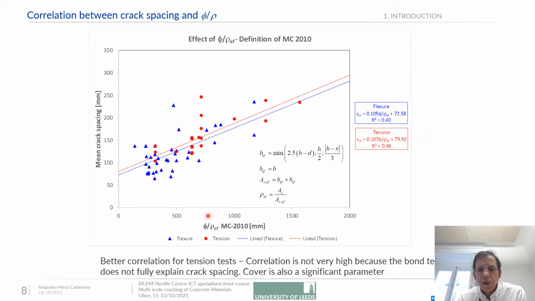There is also the effect of cover. And you can also see that if we separate the bending test from the tension test, as is done here, the coefficient of determination for flexure is smaller than for tension. And we will come back to this figure later on.